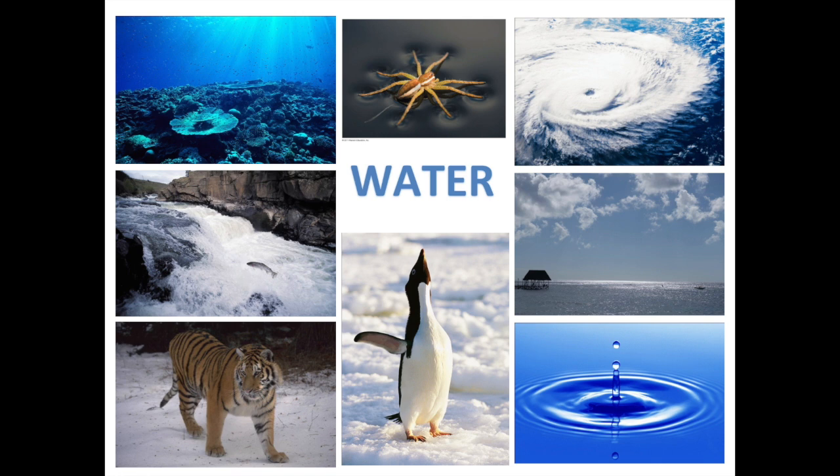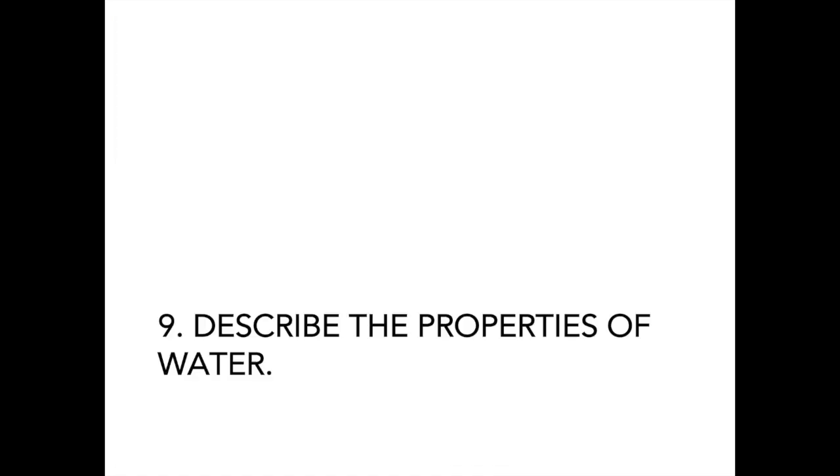This is one of the qualities that we don't really talk about as a quality, but it's a physical property of life as we know it, is that it requires water. So let's jump ahead to learning objective 9 before we hit on learning objective 8 and describe the properties of water.